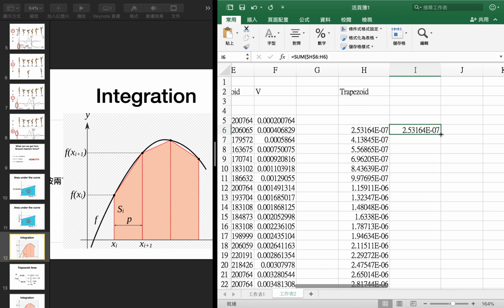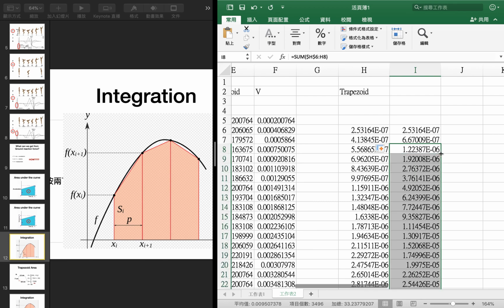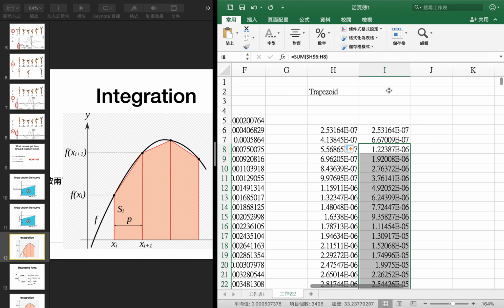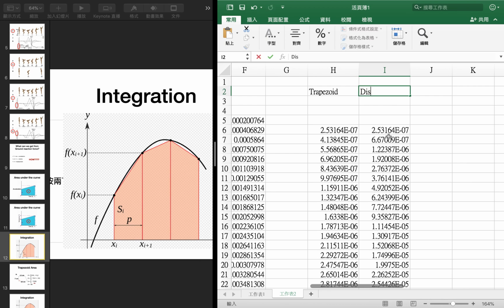Okay, and then we drag it down. That'll be from H6 to H7, then from H6 to H8. So that'll be all the accumulated trapezoid area before that data point. Okay, and we drag it down. That whole column represents the displacement.